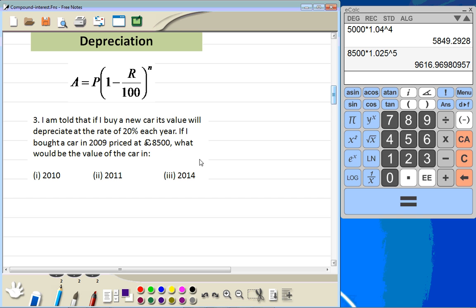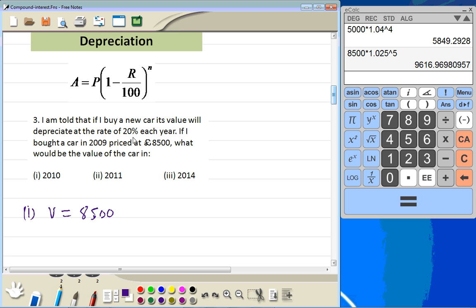Now we do depreciation. Only the difference is because the value becomes lower, so the minus sign in the middle. So part 1 is value after 1 year going to be 8,500.